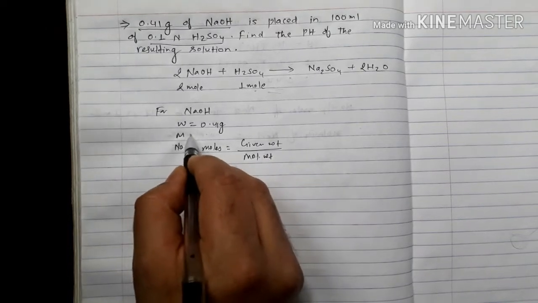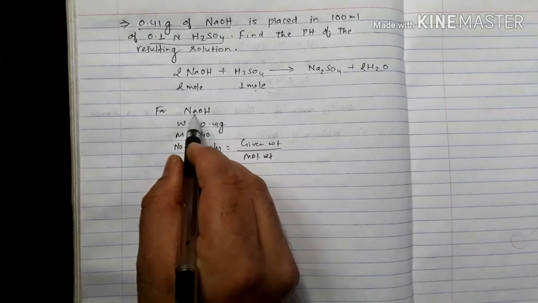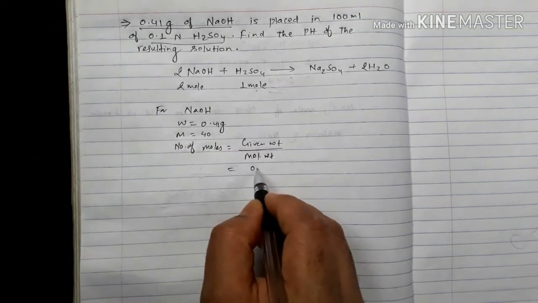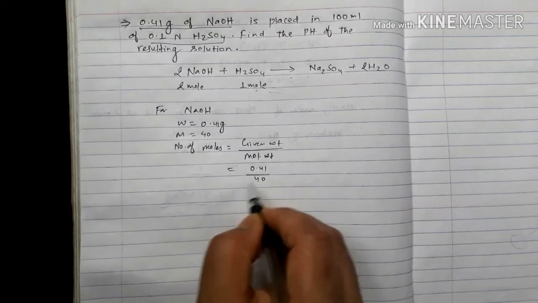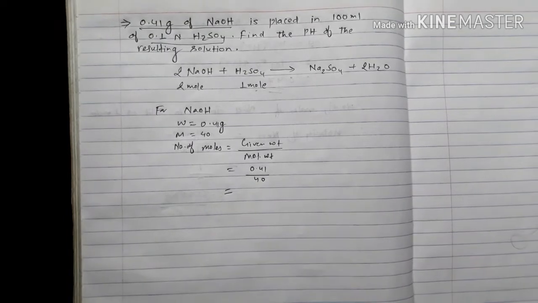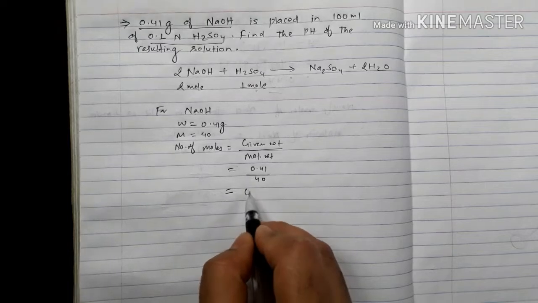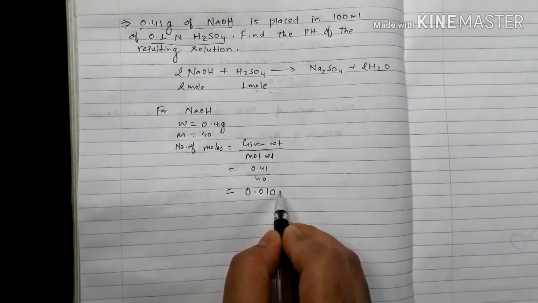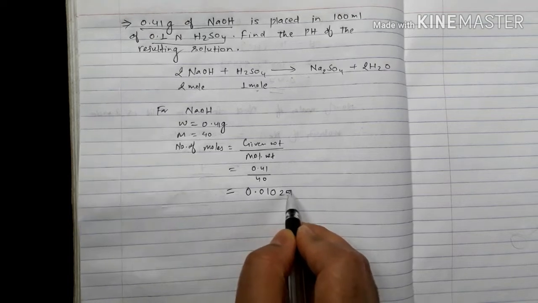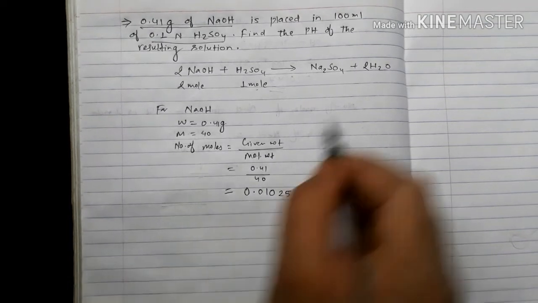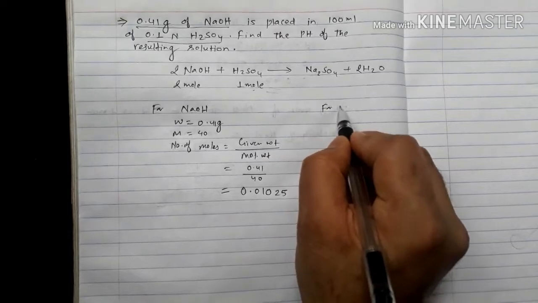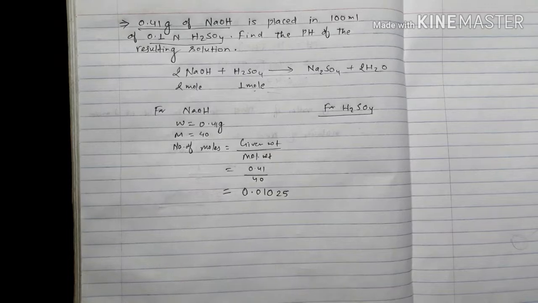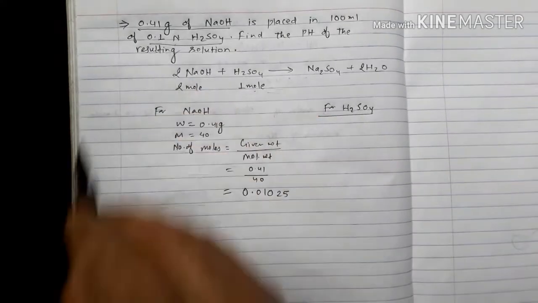The molecular weight of NaOH is 40: sodium 23, oxygen 16, hydrogen 1. That's why 0.41 divided by 40, the number of moles is 0.01025 moles. For H2SO4, the volume is given and normality is given.